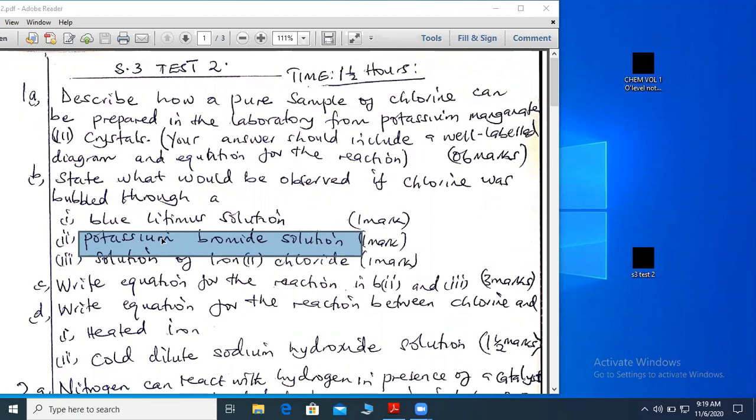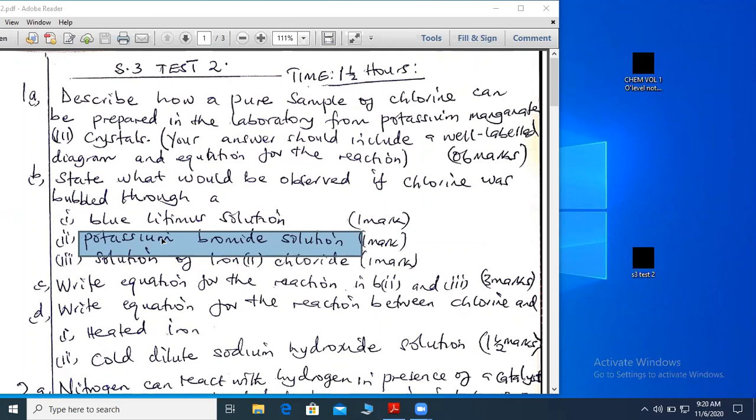The colorless solution turns to red, or you have to give one of those answers, but here let's say the colorless solution turns to red.